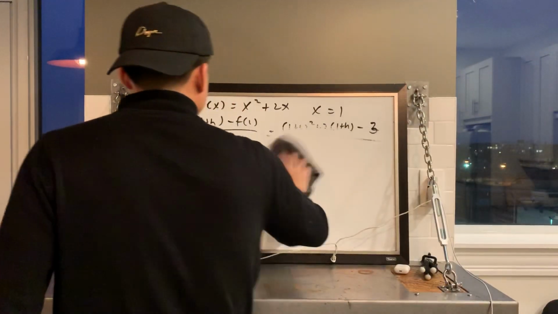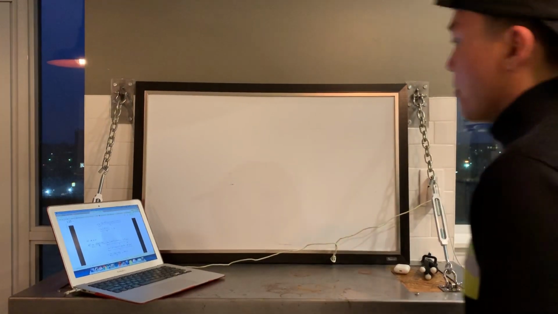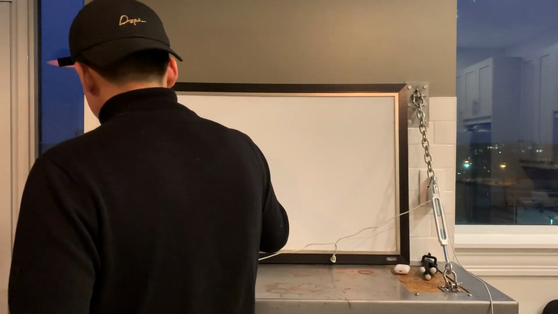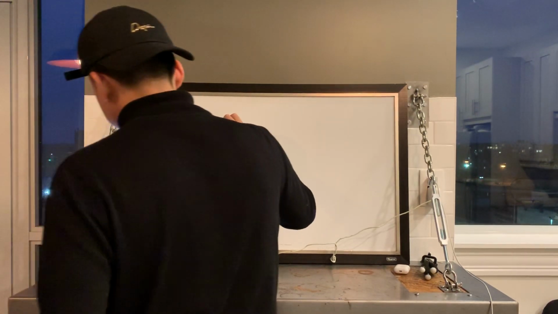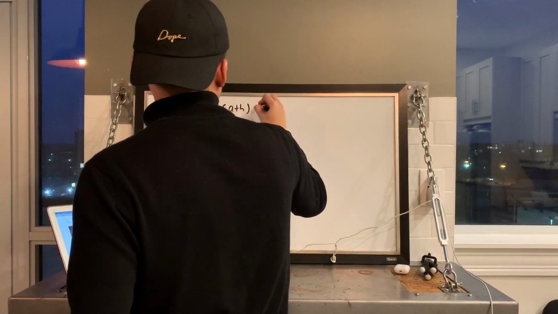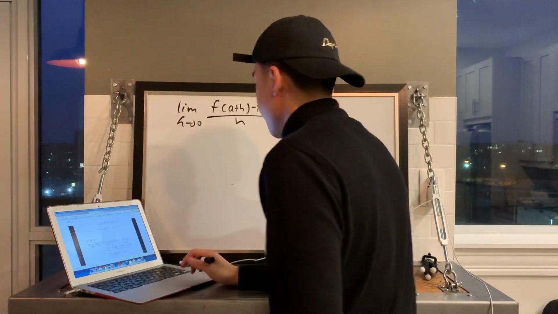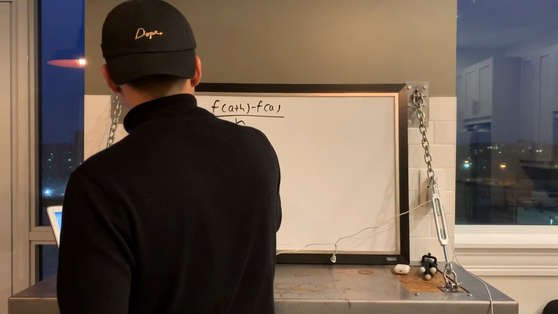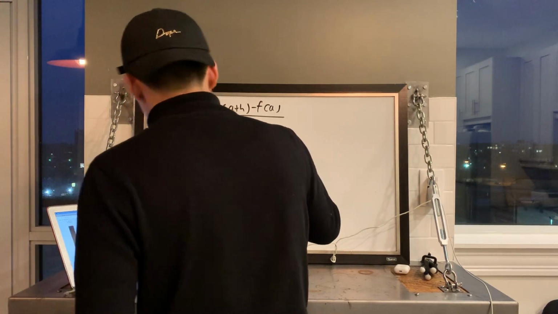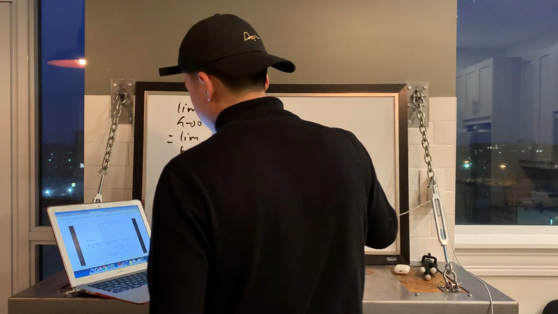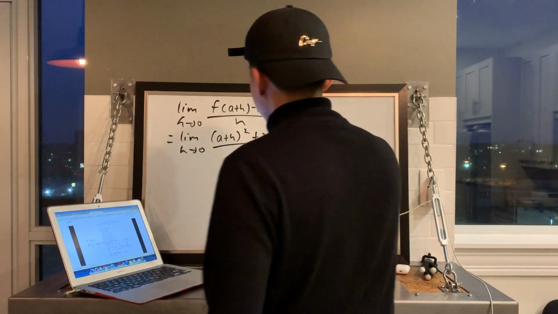Let's do it for the value of a. Just any number. So the limit as h approaches 0 of f of a plus h minus f of a all over h, what you get is the limit as h approaches 0 of a plus h squared plus 2 times a plus h, minus a squared plus 2a, all over h.